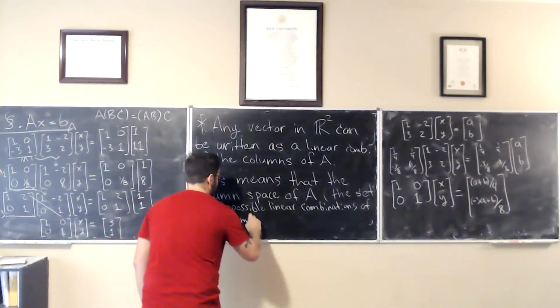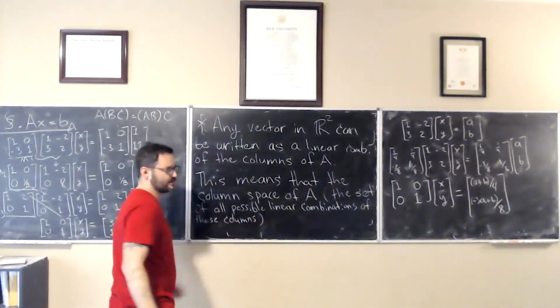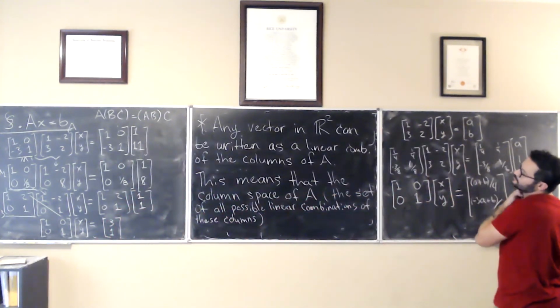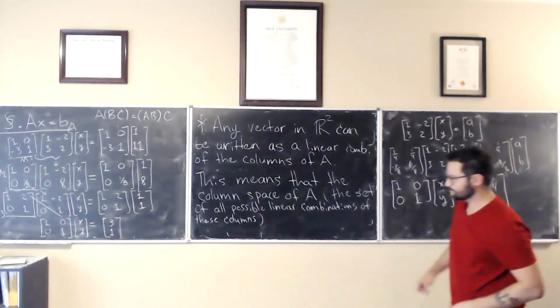Okay, that's the column space. The set of all possible multiples of, or linear combinations of, the columns of A.